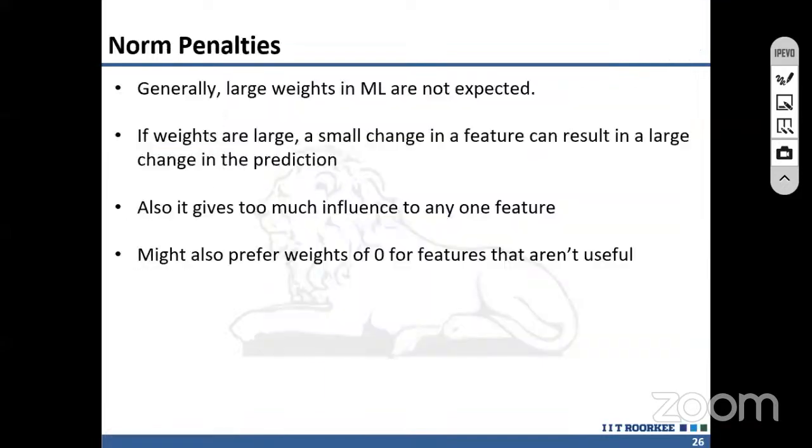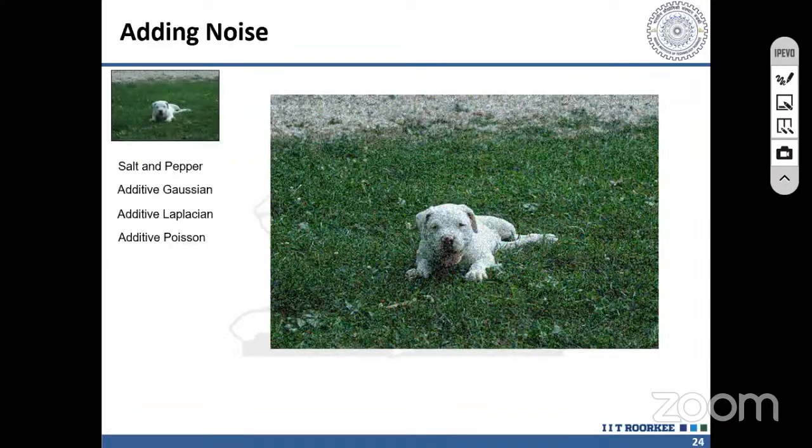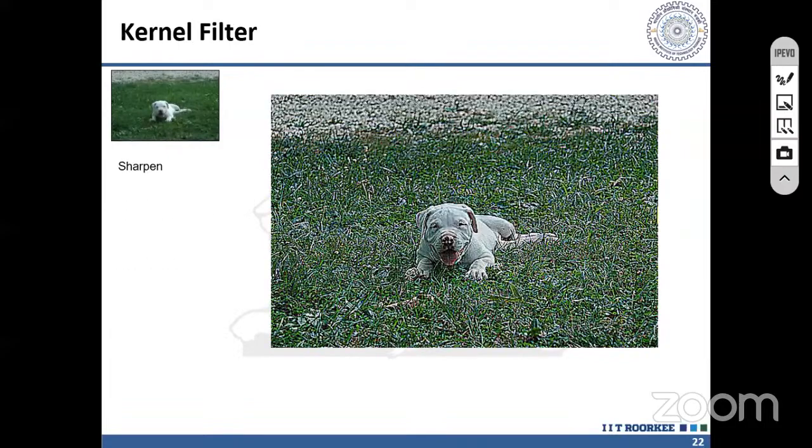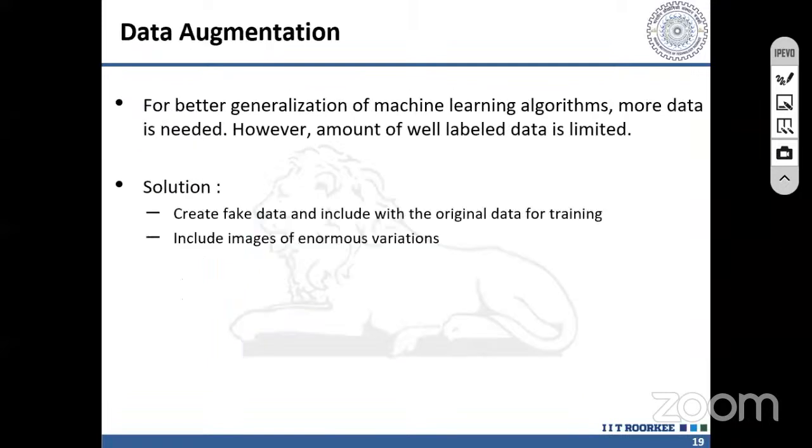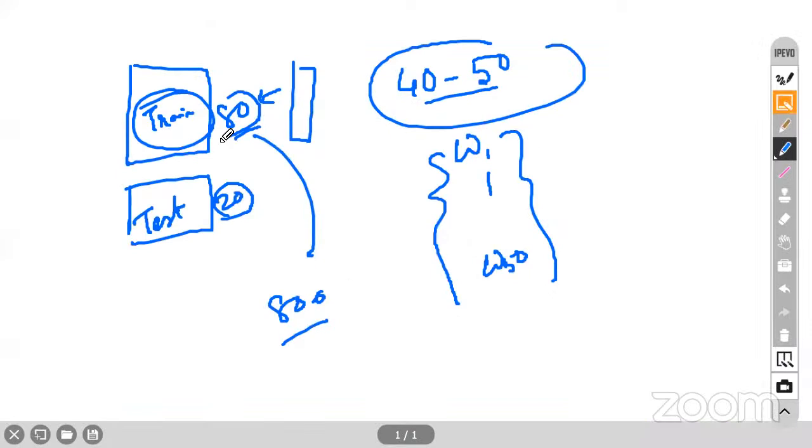There are different possibilities. We can increase the data size, so your data set will become from 80 to 8,000 or 80,000. And then your weights will be better trained, better learned, and then you can get better accuracy.